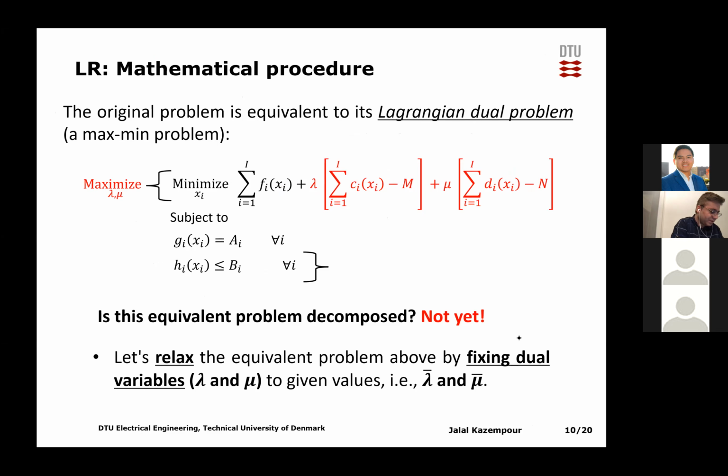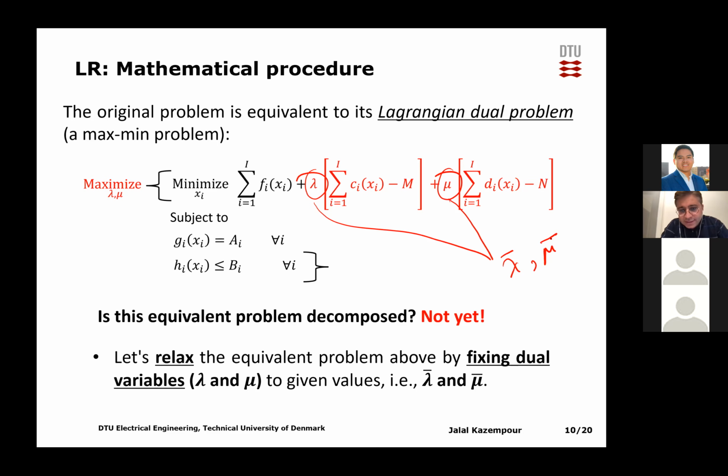Not yet. Okay, let's go for a trick. What if we relax the partial Lagrangian function? What do I mean by relaxing the Lagrangian function? Instead of lambda and mu as dual variables, what if I fix them to lambda bar and mu bar?